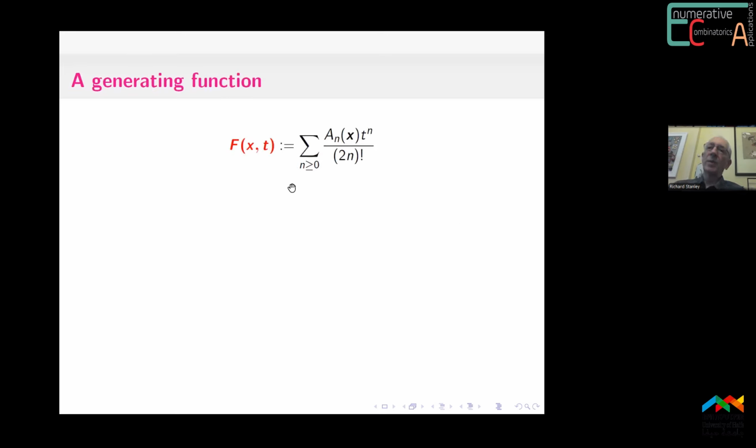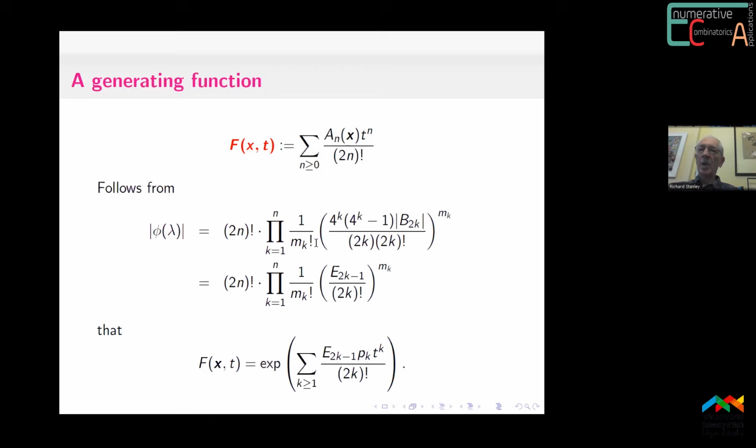Well, to make further progress, it's convenient to make a generating function where these symmetric functions A_n of x are the coefficients. And the generating function that turns out to work is with this (2n) factorial in the denominator. So this will be f of x, t. x are the variables of the symmetric function, and t is an indeterminate. The index is the nth term. Now we can directly compute, just a straightforward computation from this definition of phi lambda.